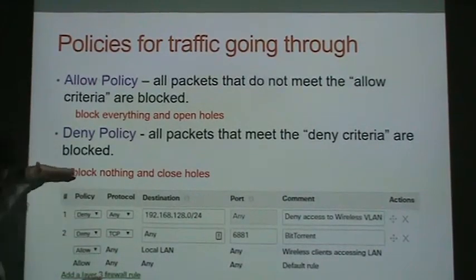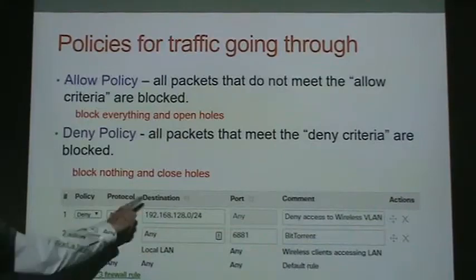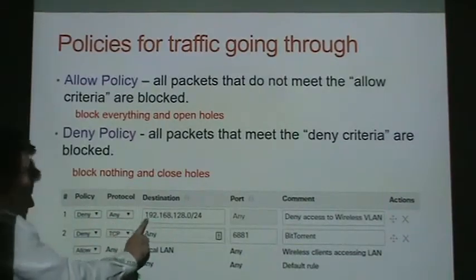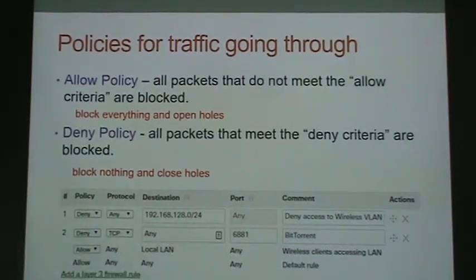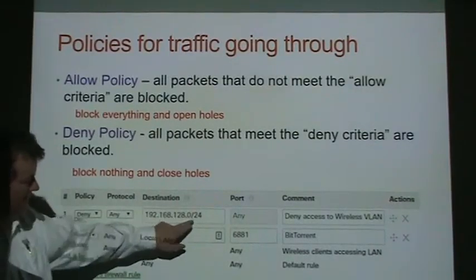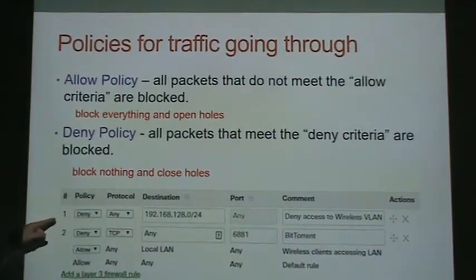So for example, you bring up your panel, this is just a little snippet, a picture of the firewall. We could say I'm going to add a bunch of policies. I could say I want to deny any access coming from this destination, and I can type in the IP address directly. So if a message is coming from this IP address and any port, I'm going to deny access to it.